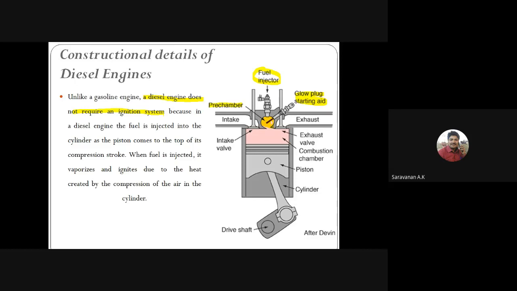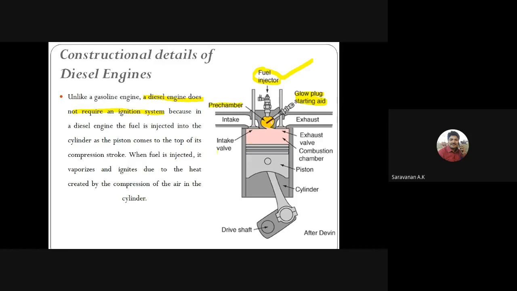Because for the petrol engines we require the ignition system, either a battery coil system or a magneto coil ignition system. But here we don't require any ignition system, because the fuel will be sprayed through the injection nozzle.